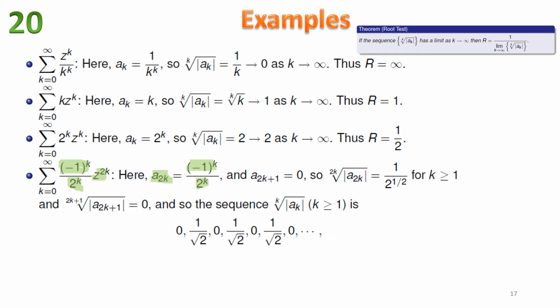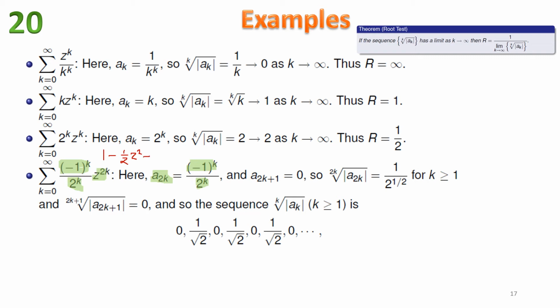We should expand this series. If k is equal to 0, anything raised to 0 becomes unity, so the first number is 1. Then when k is equal to 1, we have minus 1 to the power 1, so this is a negative number: minus 1 over 2 into z square. The alternate terms will be plus and minus.